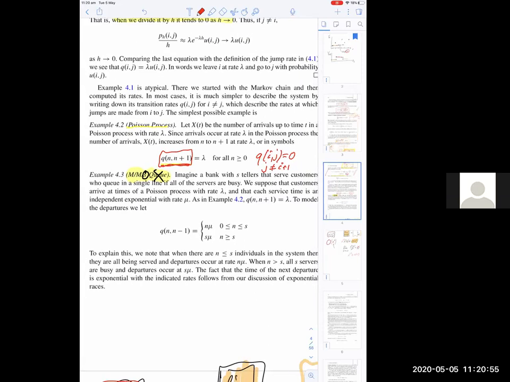Before, when we saw it in the previous chapter, or two chapters ago in this book, we saw a Poisson process as a point process, but we can treat it as a continuous time Markov chain. What's the state space of the Poisson process?